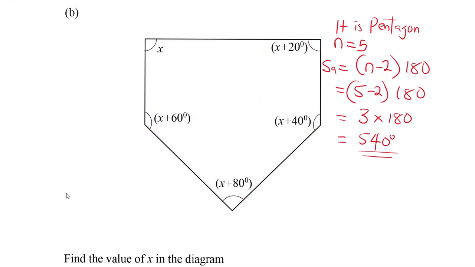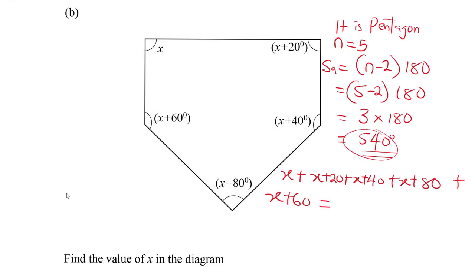So we're going to set up all the angles: x plus x plus 20 plus x plus 40 plus x plus 80 plus x plus 60, all equated to 540, right?